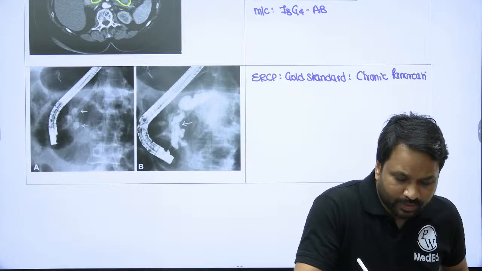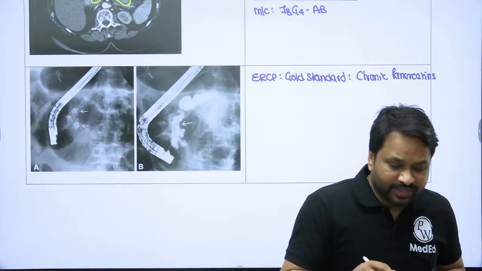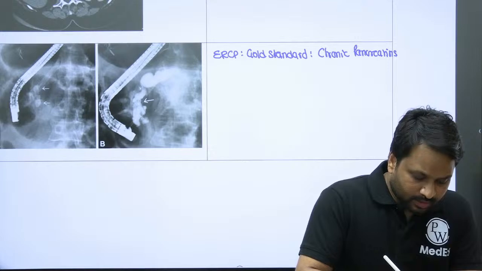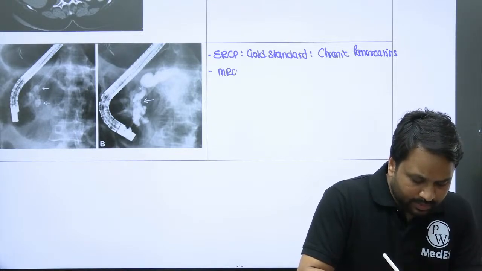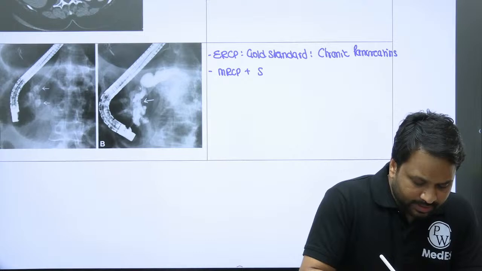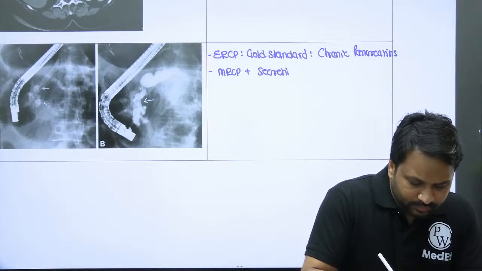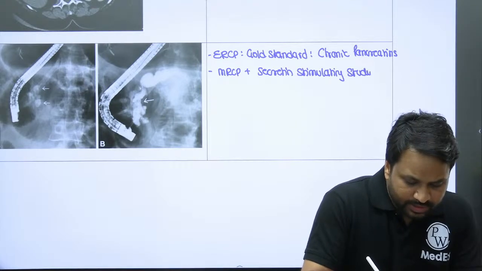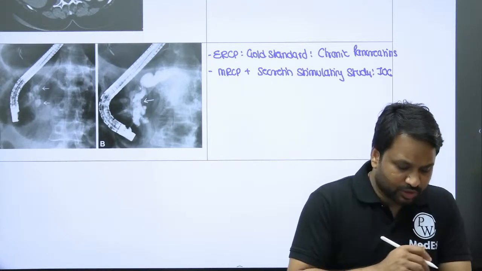What is the investigation of choice for chronic pancreatitis? It is MRCP with secretin stimulation study. MRCP with secretin stimulation study becomes the investigation of choice.